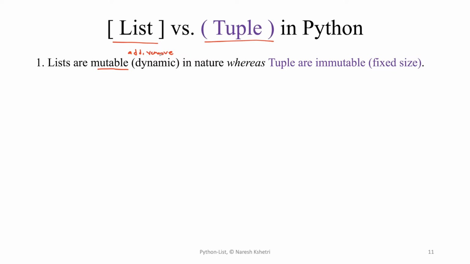The major purpose of using a list is when your data needs to be frequently modified. Whereas that is the opposite in the case of tuples.